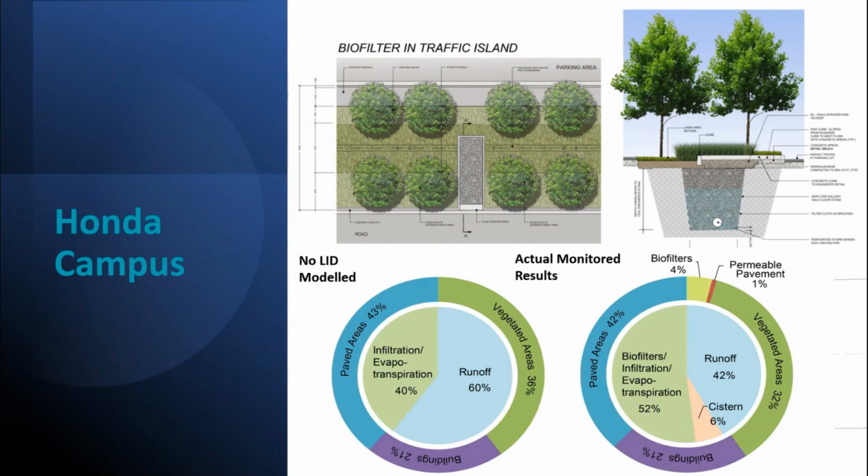So the Honda site can show how effective LIDs can be on a very large, one of the largest commercial sites, especially at that time when it was first built back in 2010, and the benefits of installing LID and making sure that you're having higher levels of infiltration and evapotranspiration and lower levels of runoff coming off your site, while still remaining the same level of area for your buildings and for your business practices and ongoing logistics, but also only reducing the paved area by 1%, which actually doesn't really count because it's a permeable pavement.